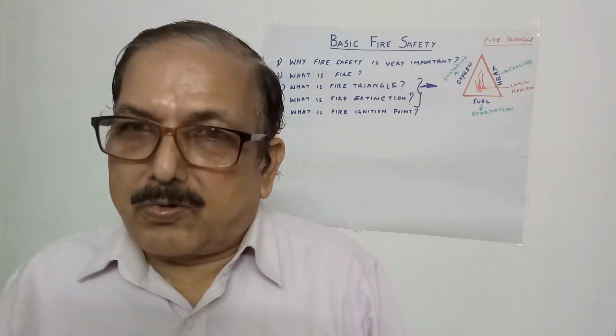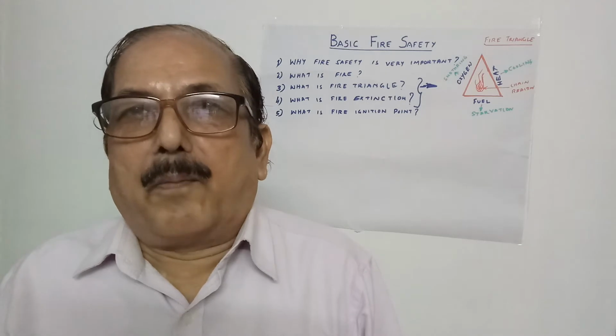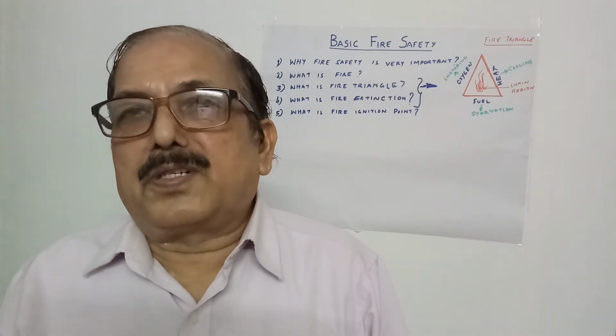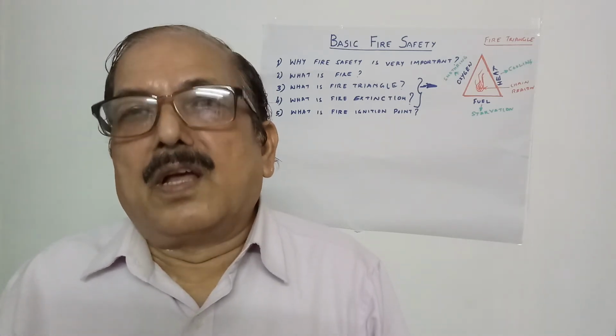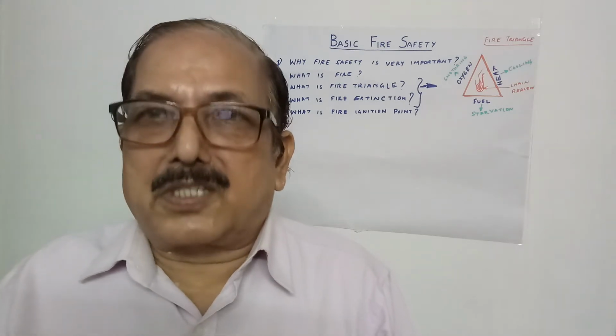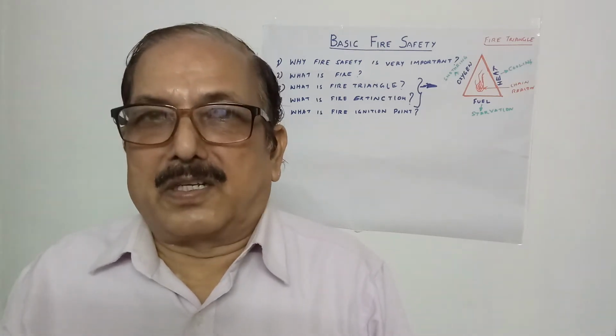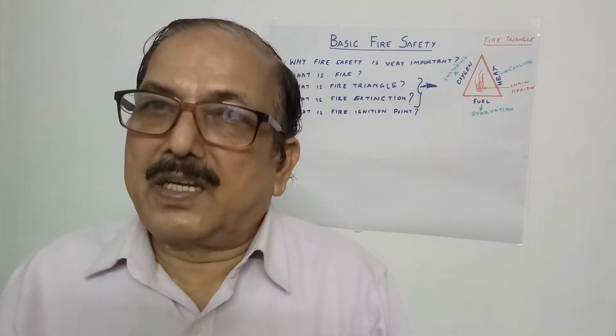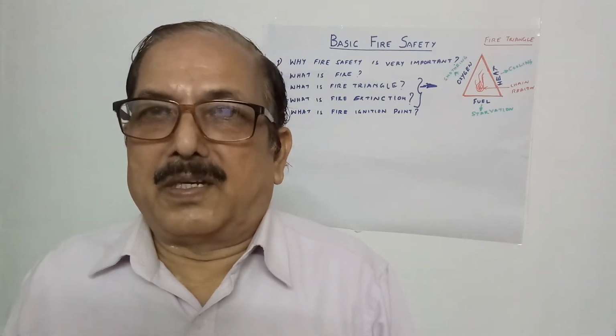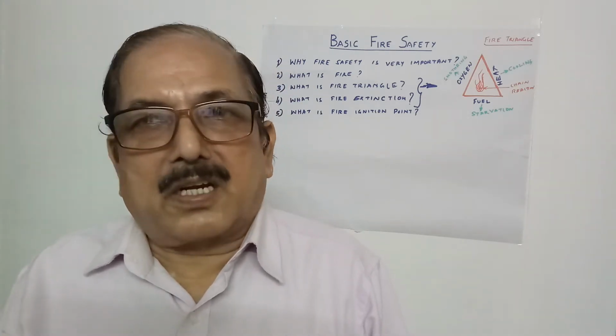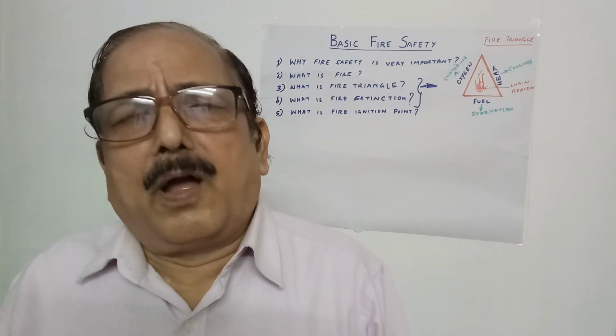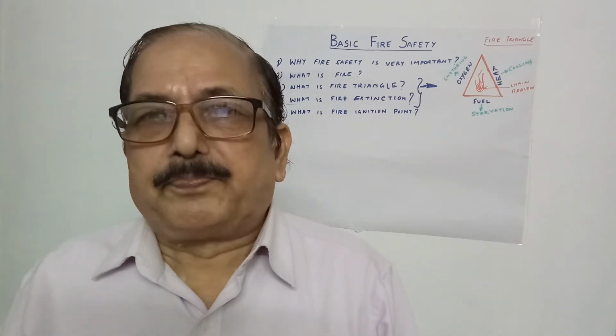Flash point is always lower than the ignition point. But once you have given sufficient temperature and an ignition source, the fire will start and continue. That is known as the ignition temperature of a material. Ignition temperature and flash point are different for different materials.